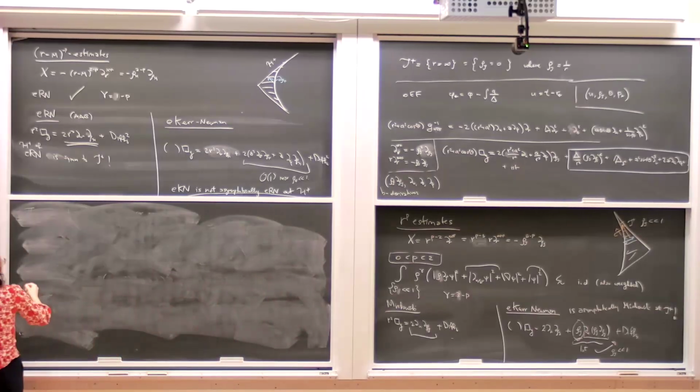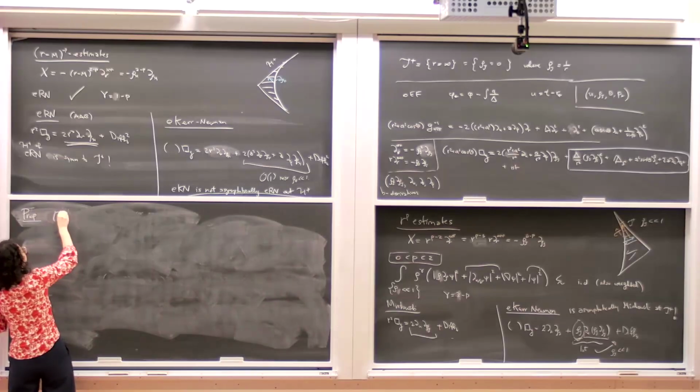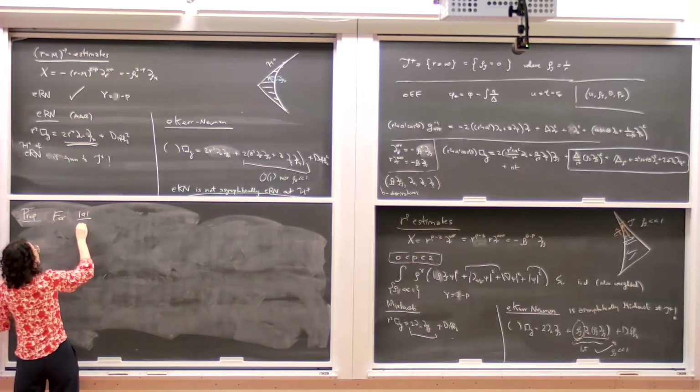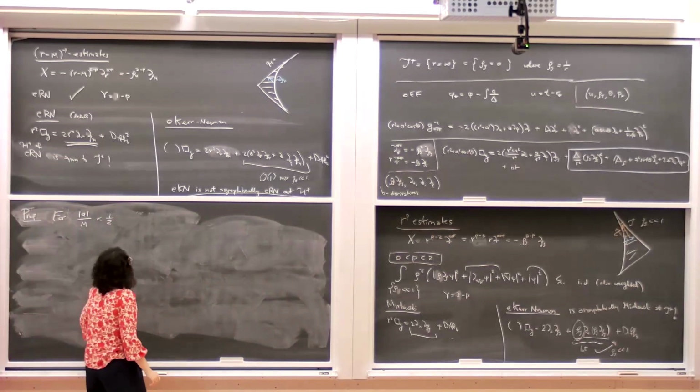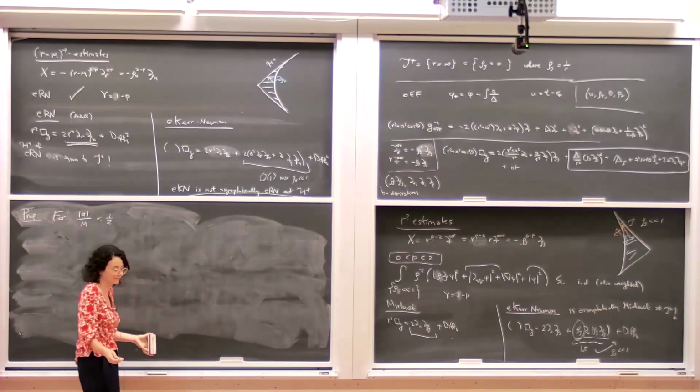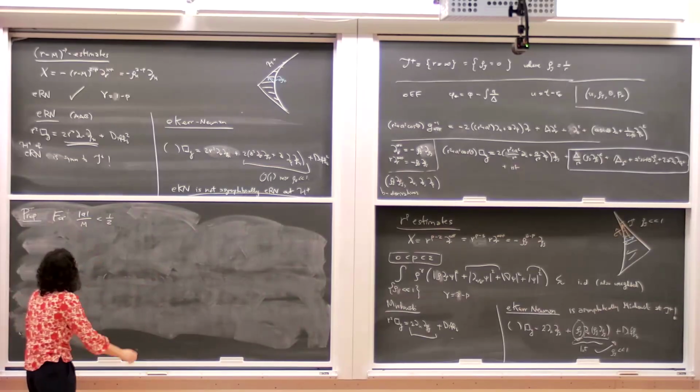In fact, what we have is, as a proposition, for a over M less than 1/2, and this is a bound that comes out of the computation. I think there is more to understand, and I don't expect any of this to be sharp.